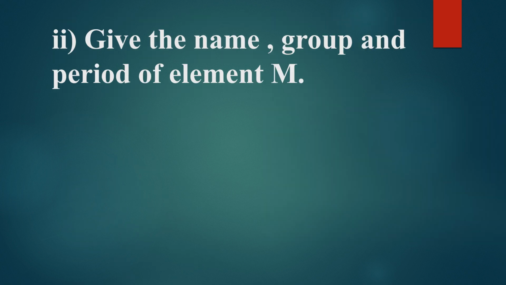Give the name and the group. The name of the element is calcium. The group where calcium is found is group 2, and the period where it is found is period 4.